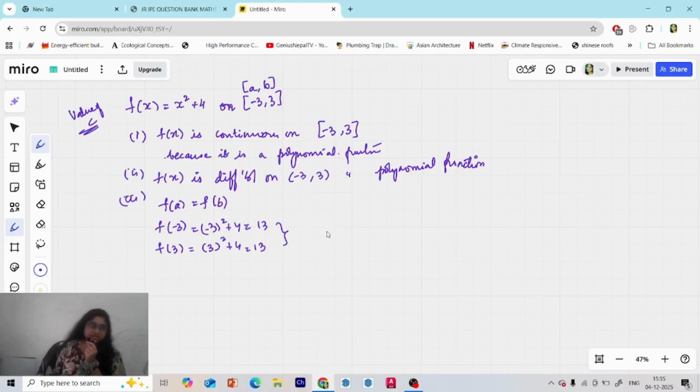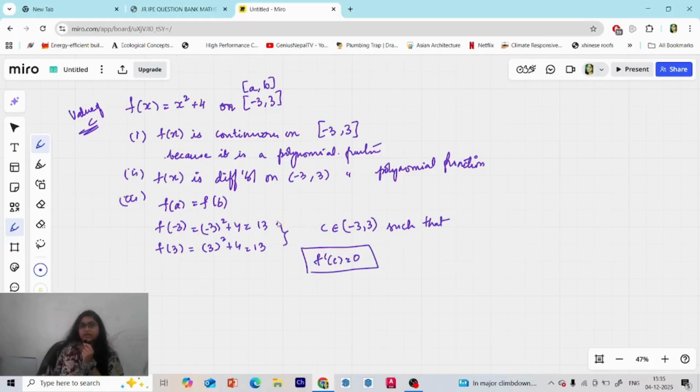So there must exist a point c belonging to minus 3 comma 3 such that f dash c is equal to 0. This is Rolle's theorem. Anyway, we have to find out the value of c here. If they ask you to verify Rolle's theorem, we'll do this entire thing. This was just for your reference. The actual problem starts from here. We should just find out the value of c.